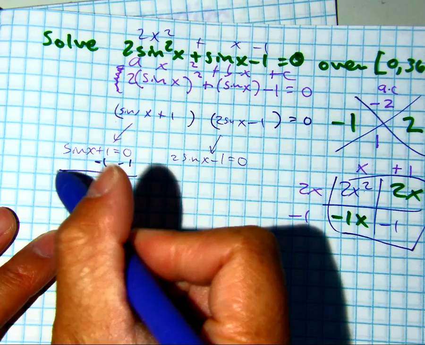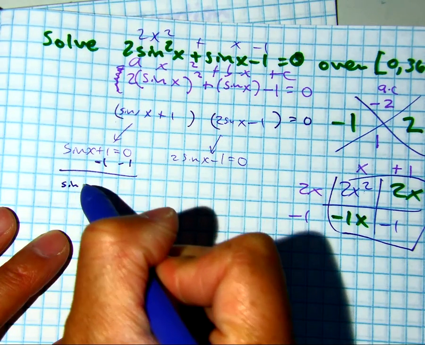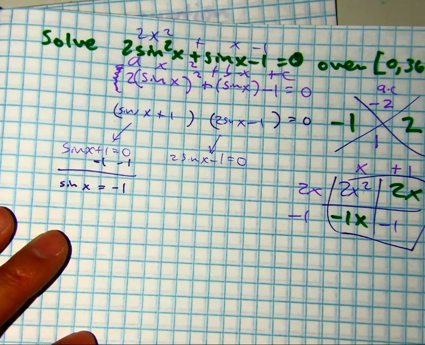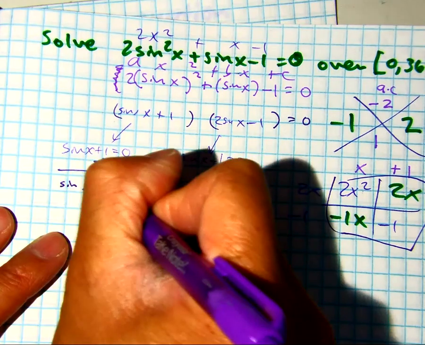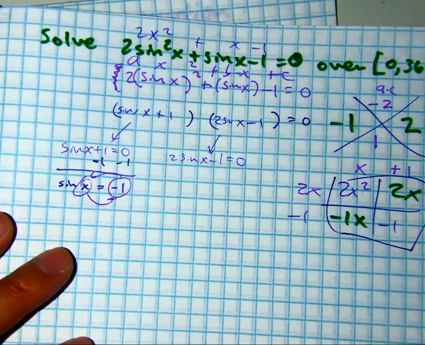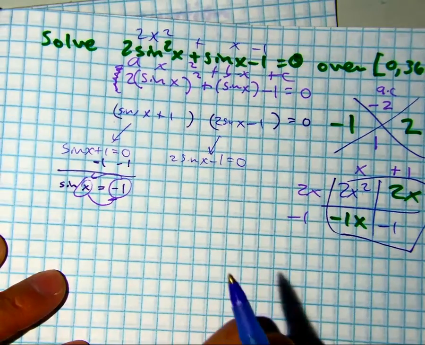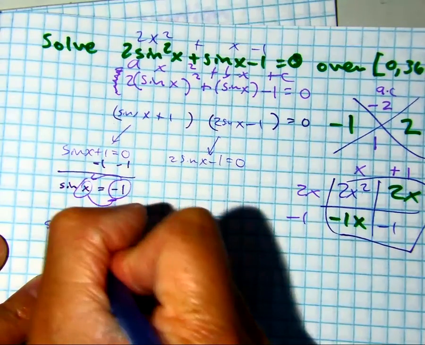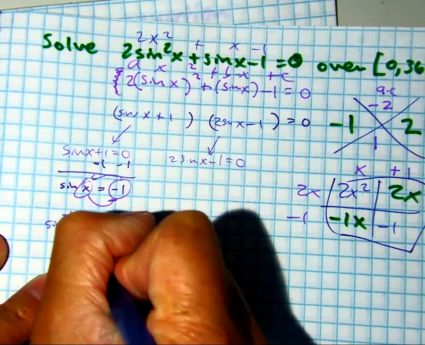What's left? Sine equals minus 1. How do you get x by itself? And do the inverse. Correct. Tell me what to write. Sine inverse of minus 1 equals x.